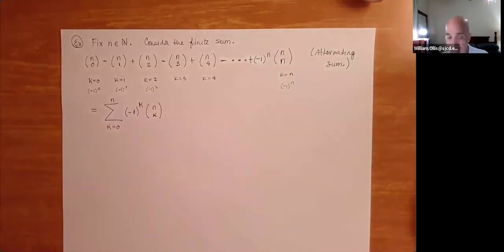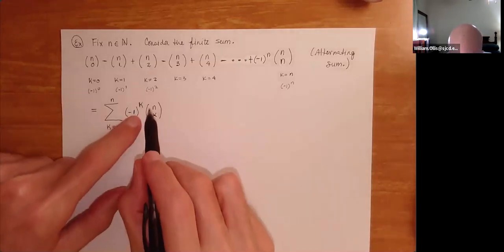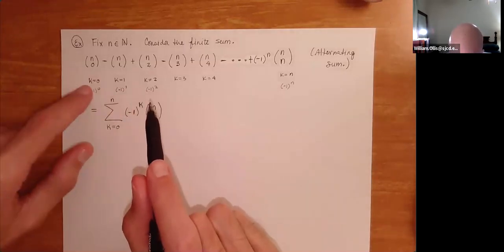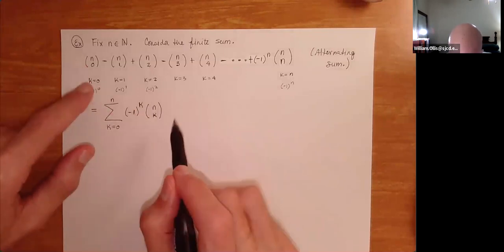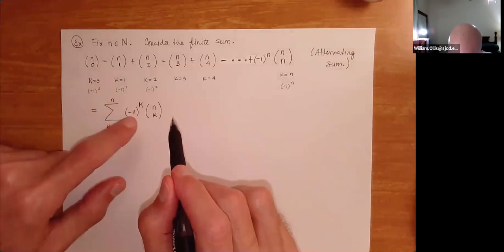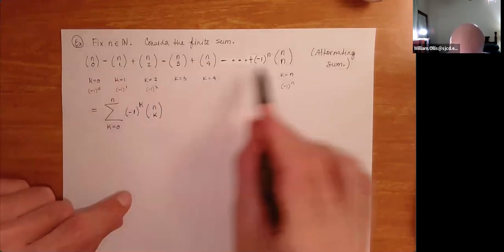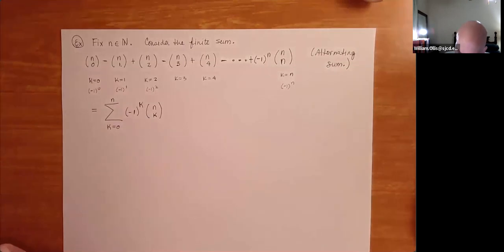So when you look at this, if we go back up here, k is 0, so that's -1 to the 0, which is 1. We have n choose 0, and then k is equal to 1. We've got -1 to the first power, n choose 1, etc. So we have this alternating bit, so to speak.